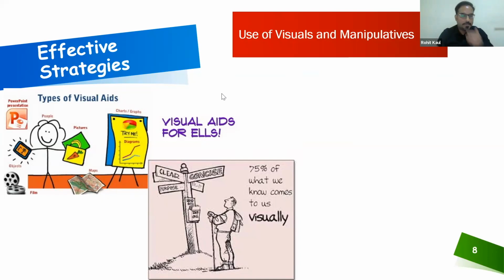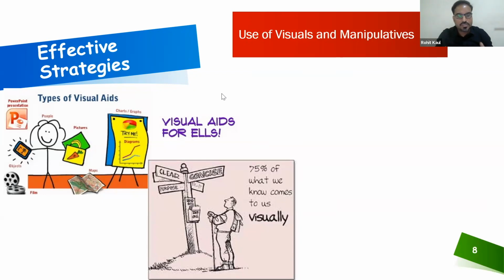Similarly, when you are supporting children in an ESL classroom, definitely they will learn more when you give them more visual aids, more visually compliant lessons where you include a lot of visuals, video clips, or something like maps, because every child has a different learning style.